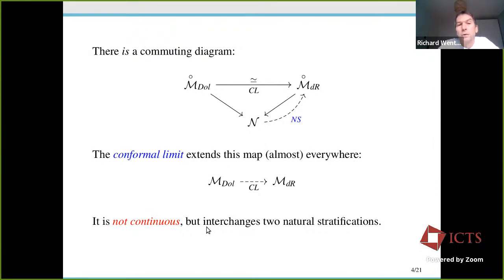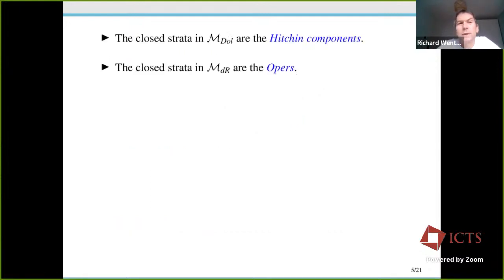But the full conformal limit extends that to all of the other strata as well. So at the other extreme, there are the closed strata. And in the Dolbeault moduli space, those are known as Hitchin components. And in the de Rham moduli space, those are known as opers.